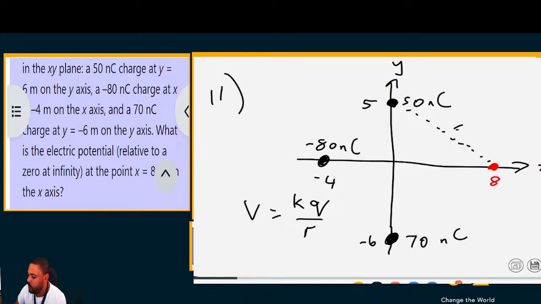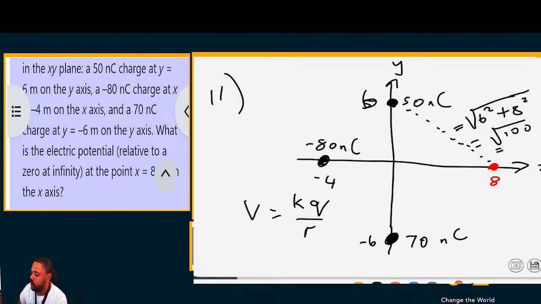The distance therefore is the square root of 6 squared plus 8 squared. And that gives me the square root of 36 plus 64, that's 100. So the distance is 10.